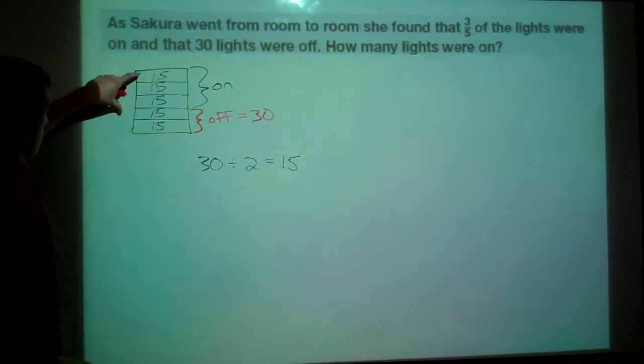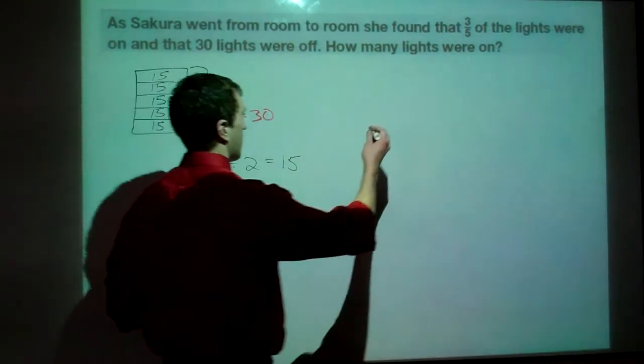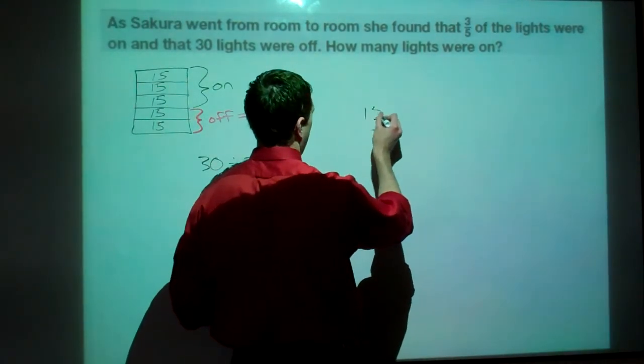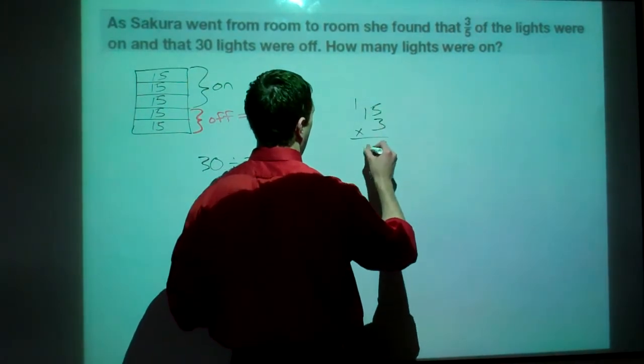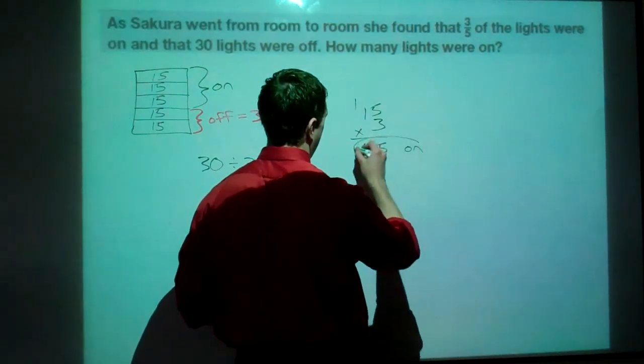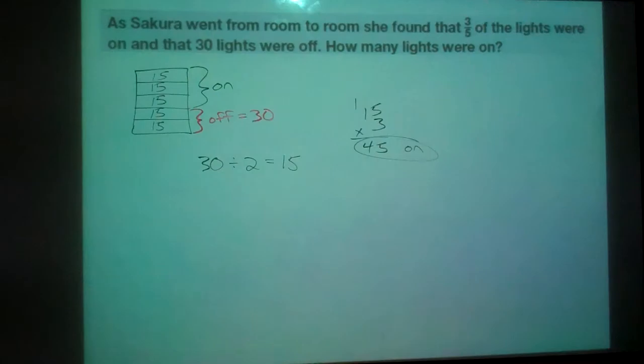So how many were on? That's 3 of our 5. So 3 times 15 is 45 on. So 45 were on, 30 were off. That's what they were looking for.